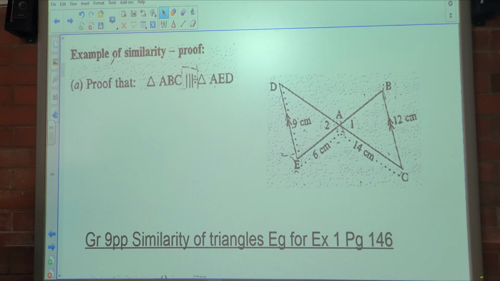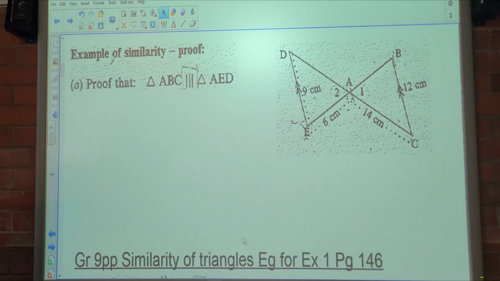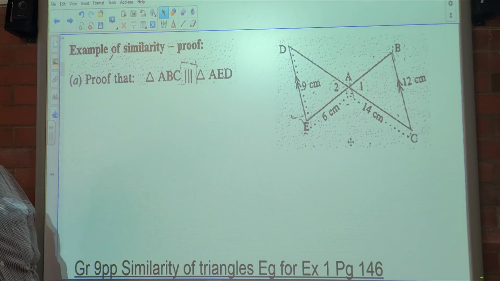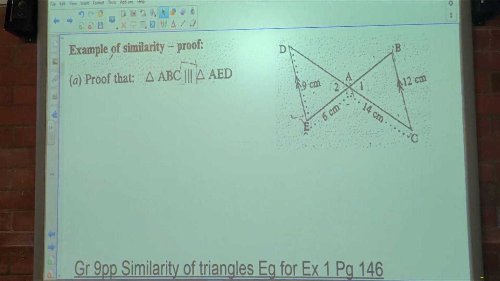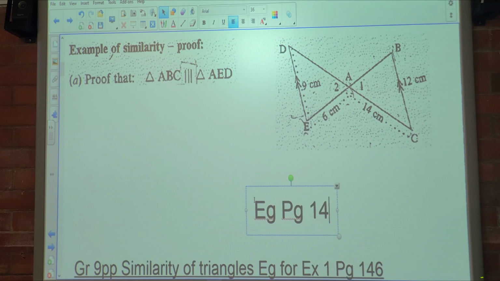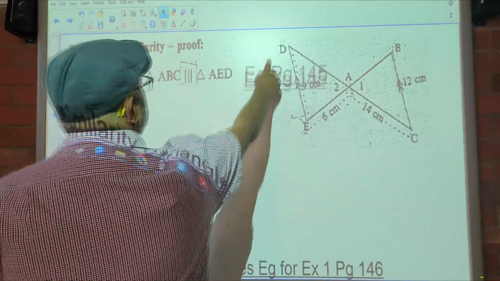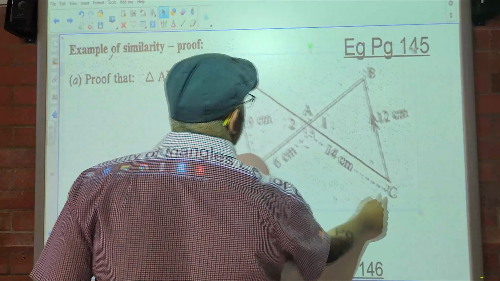Example of similarity proof. The example is on page 145. Right, so here, I know this picture is not too clear.